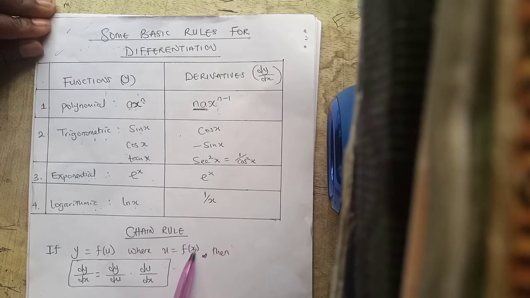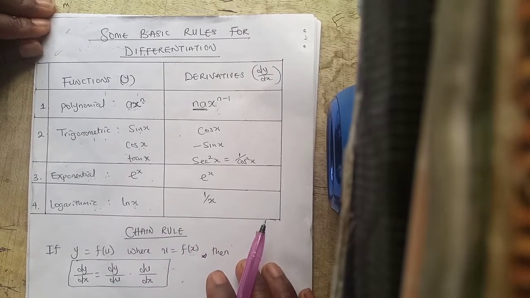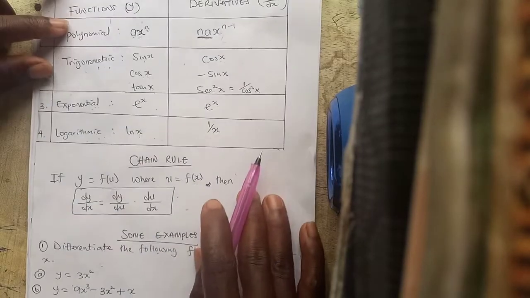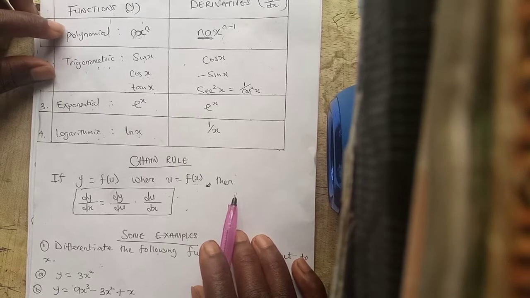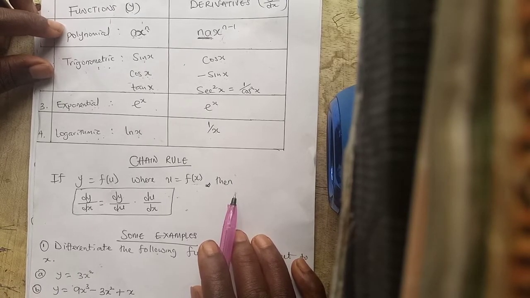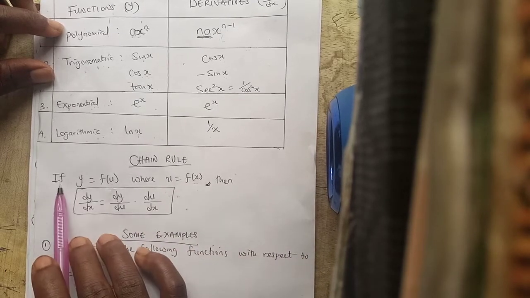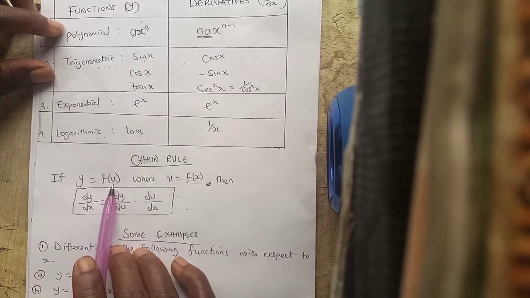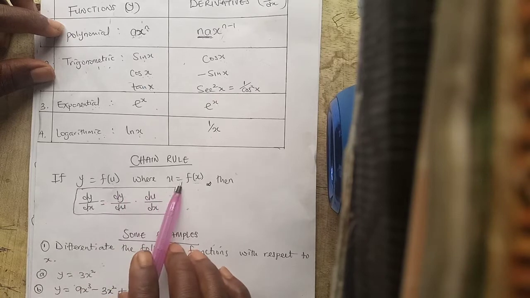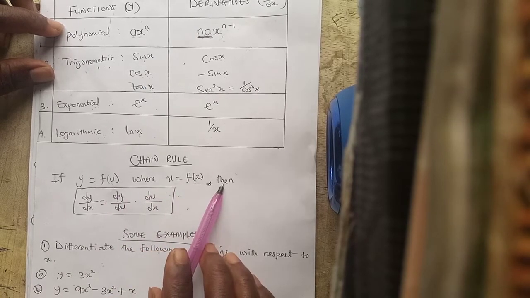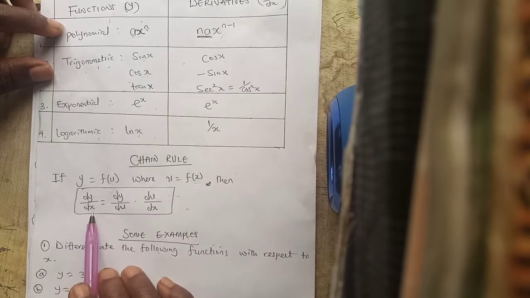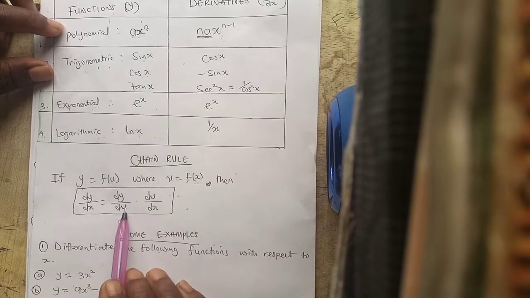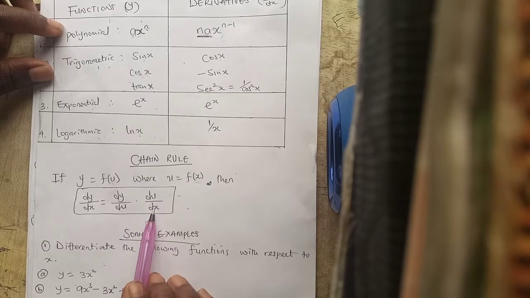So also, in today's class, we will lay more emphasis on chain rule. This chain rule is very, very important as we'll be using it to solve some problems in today's class. So now, what does chain rule state? Chain rule states that if y is a function of u, where u is also a function of x, then the differentiation of y with respect to x, that is dy dx, is equal to dy du multiplied by du dx.